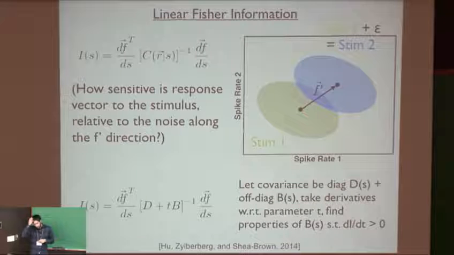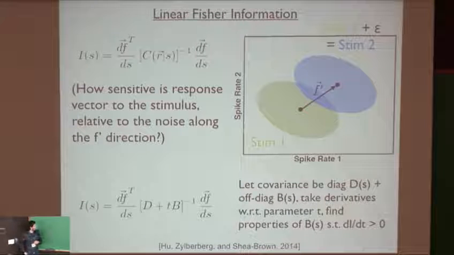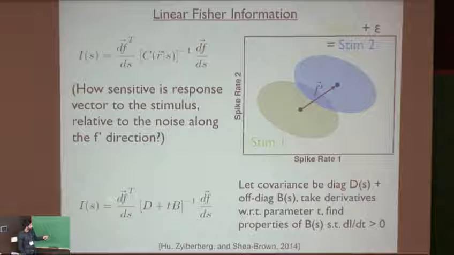And so now to construct our theory about correlations, we'll imagine that there are some tuning curves that are fixed, some diagonal matrix in the covariance that is also fixed, that contains the variances in each cell's response, and then some off-diagonal matrix B, a hollow matrix, zeros on the diagonals, multiplied by some scalar parameter t.